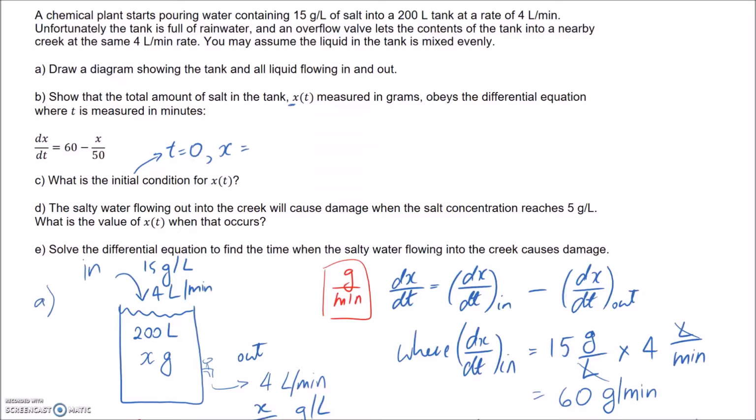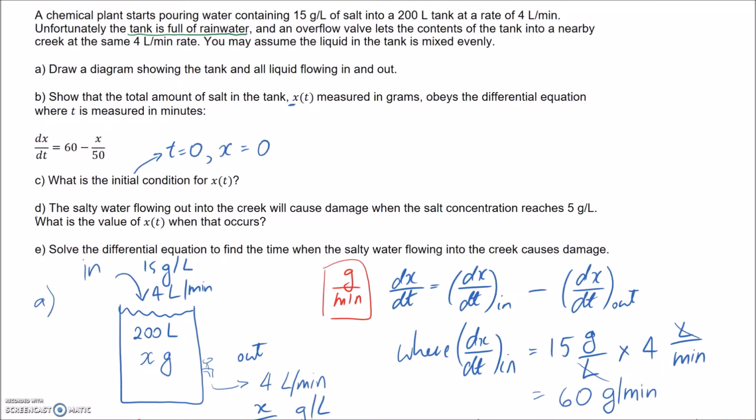Now the key sentence for this is that the tank is full of rainwater at the beginning of time. Rainwater, you can assume, has no salt inside it. So therefore, the amount of salt in the tank at the beginning of time, if this is all rainwater, should just be 0 grams. So that would be our initial condition. At time equals 0, x is equal to 0.